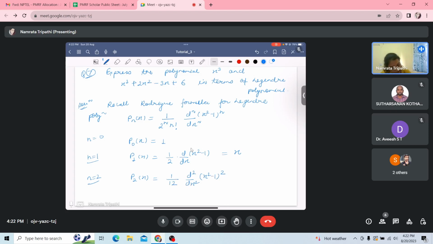So you can expand this term and you can differentiate 2 times. After differentiating, you will get, please check this, is this correct or not. Similarly, for n is equal to 3, we can get P3.